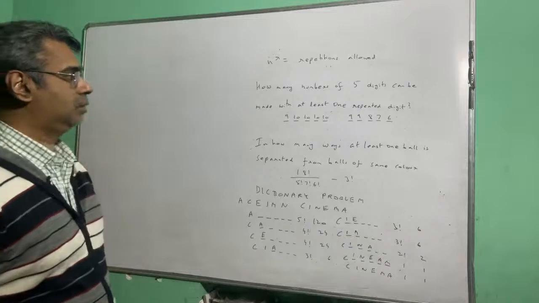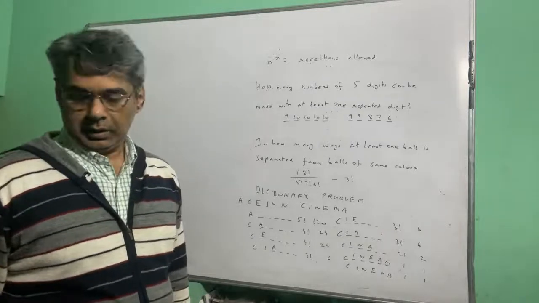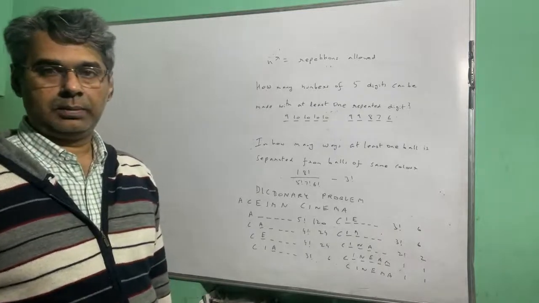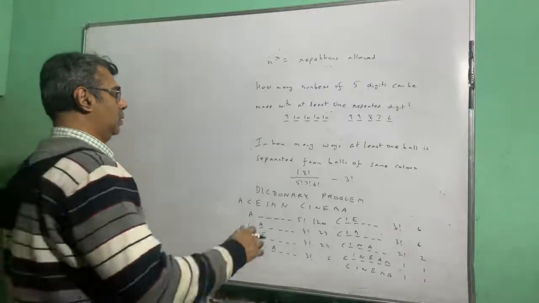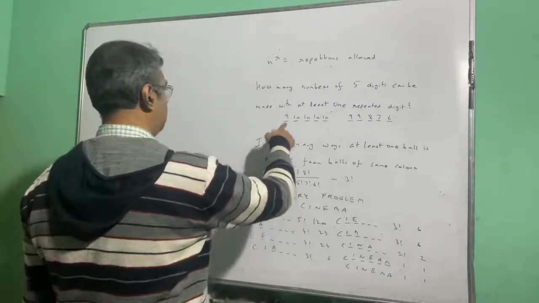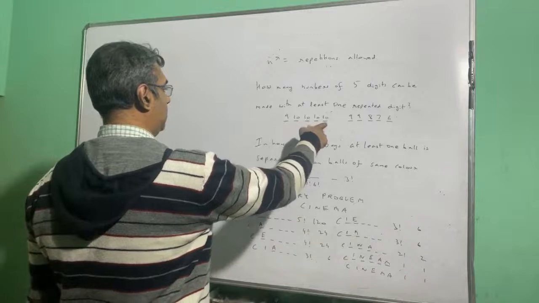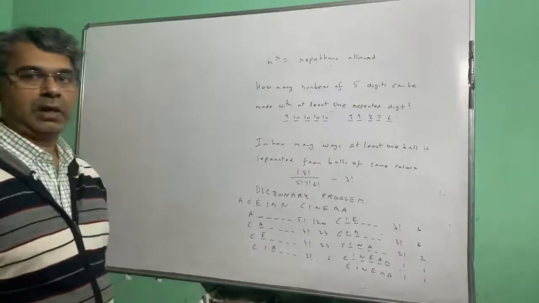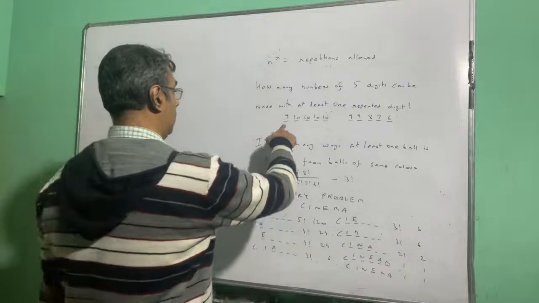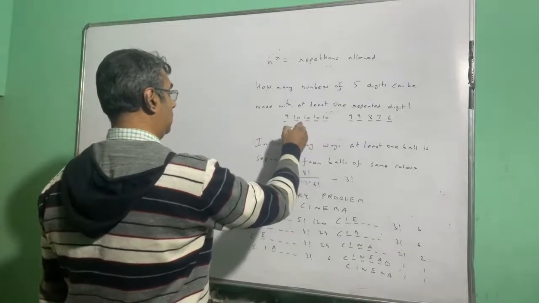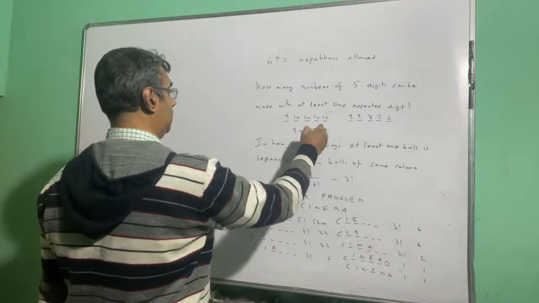First let's consider repetitions allowed, all the possible answers. So it will be 9 into 10 into 10 into 10 into 10, because you are allowing repetitions. So that is coming to 90,000.